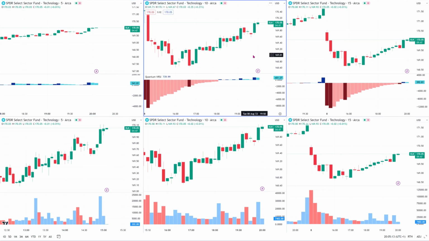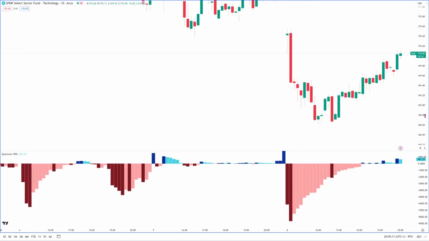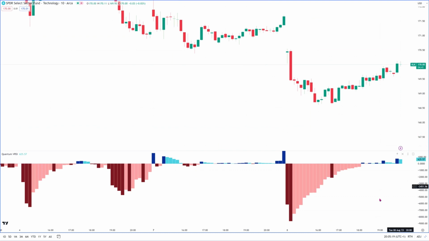We hop up onto the 10-minute in the center. Pull that into focus. There we are. And really that just mirrors what we're seeing. The bearish momentum here was very much maintained by this height. Yes, it's declined, but it hasn't declined rapidly.